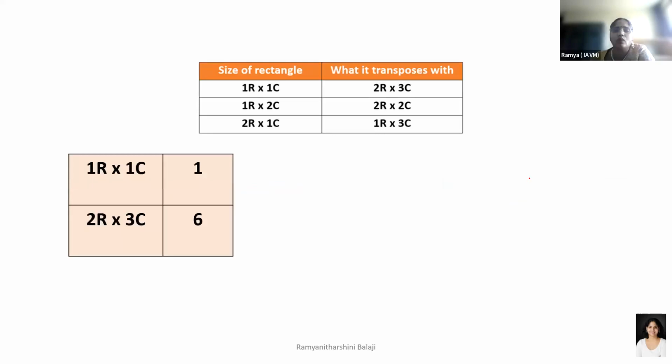So 1 row into 1 column is transposing with 2 row into 3 column, and I observe that they add to 3 and 4, because one more than the column is 4 because the columns were 3, and for the rows they were 2, so by 2 rows, one more than is 3 rows basically.